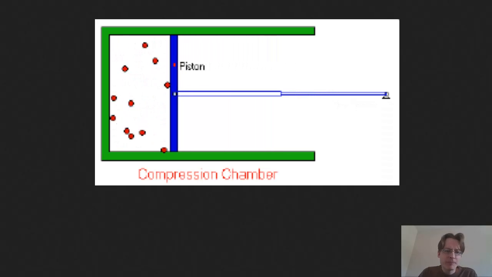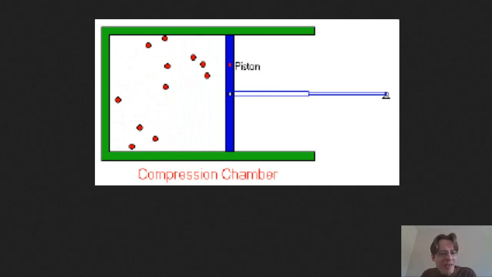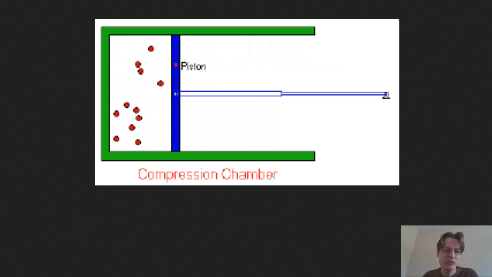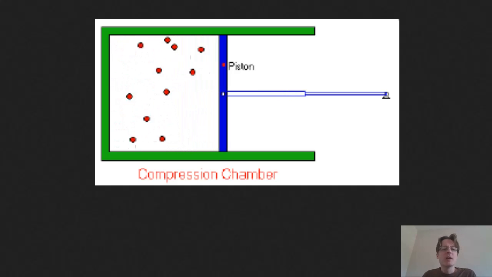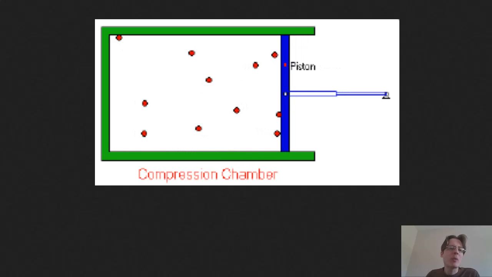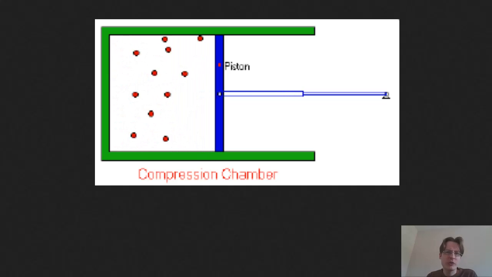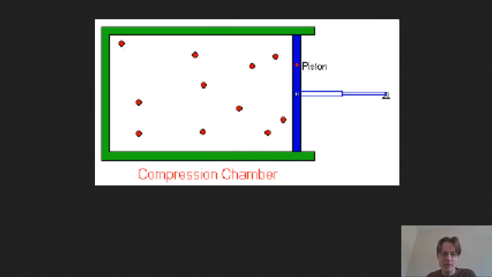The answer is here. Let's focus on an ideal gas and look at the piston applying a force to the gas as it moves inwards. The piston hits the particles like a bat hitting a ball. And when a bat hits a ball, the ball gains kinetic energy.